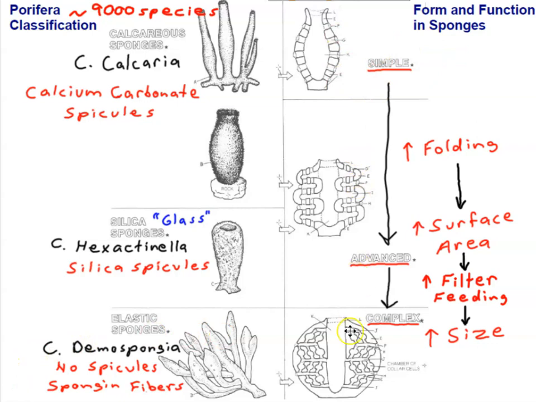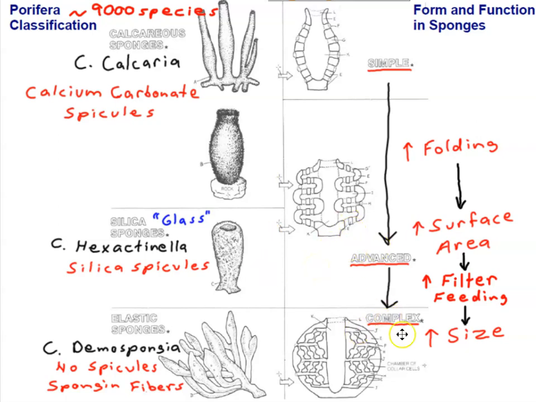Over here, we're looking at the evolutionary trend that I mentioned, and you'll notice that there is some connection here to the classification. So calcarea sponges tend to be simpler sponges, and what that means is their body wall is not highly folded. Whereas in what are being referred to here as advanced sponges, the body wall has folds in it. And we see that in both calcarea sponges and hexactinellid sponges, both hard sponges and glass sponges.